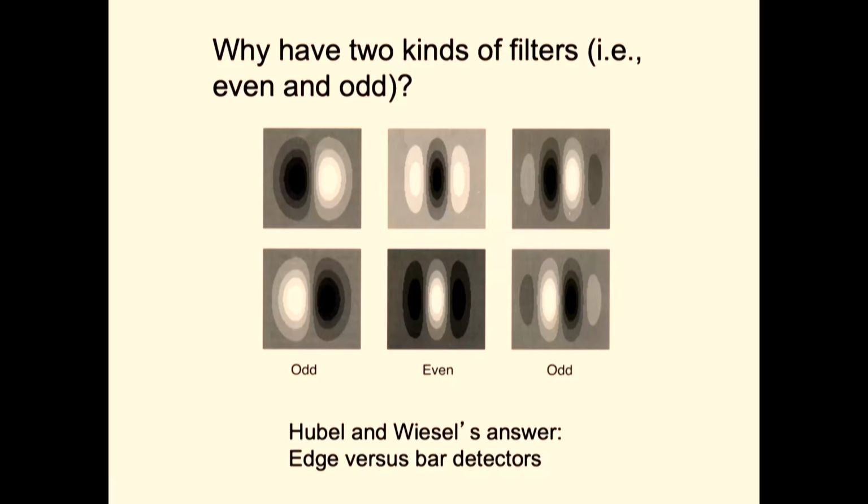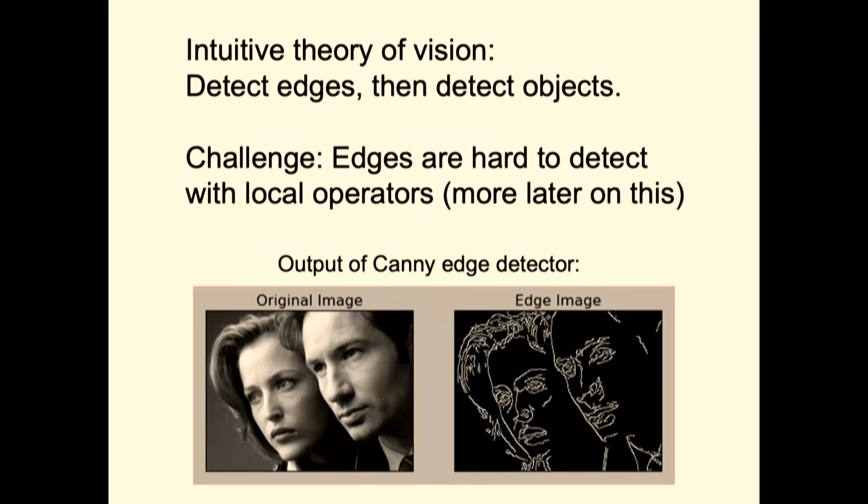There's a very appealing intuitive theory of vision that this fit into, where the idea is that you initially detect edges and then use those edges to detect and recognize objects. When this was discovered, these orientation selective receptive fields fit into that view.